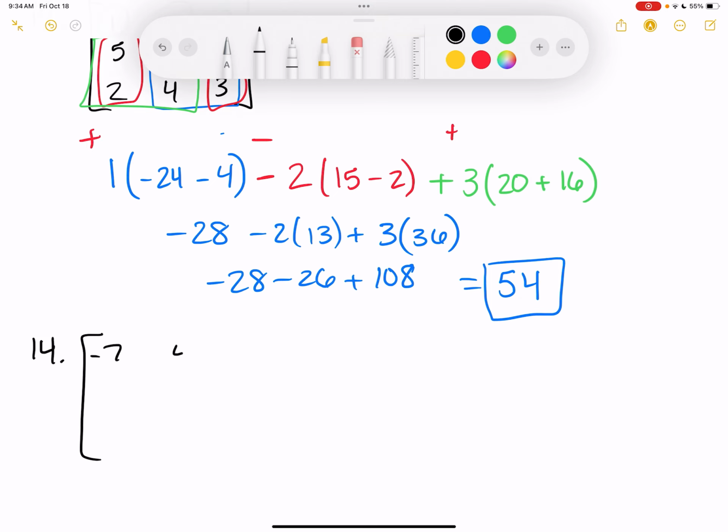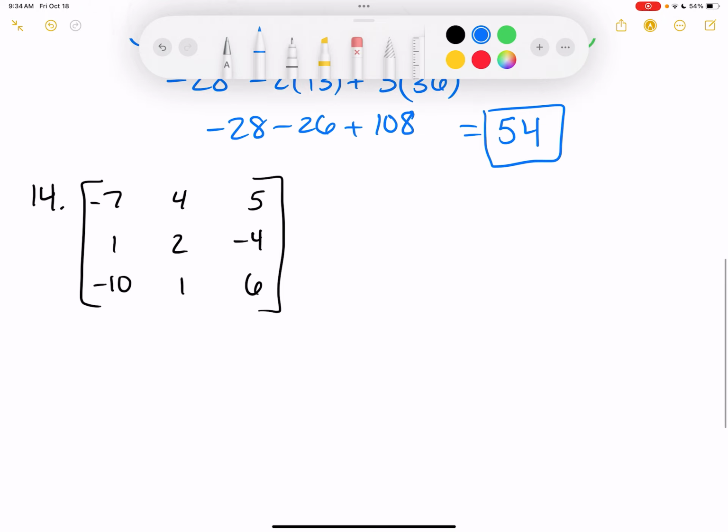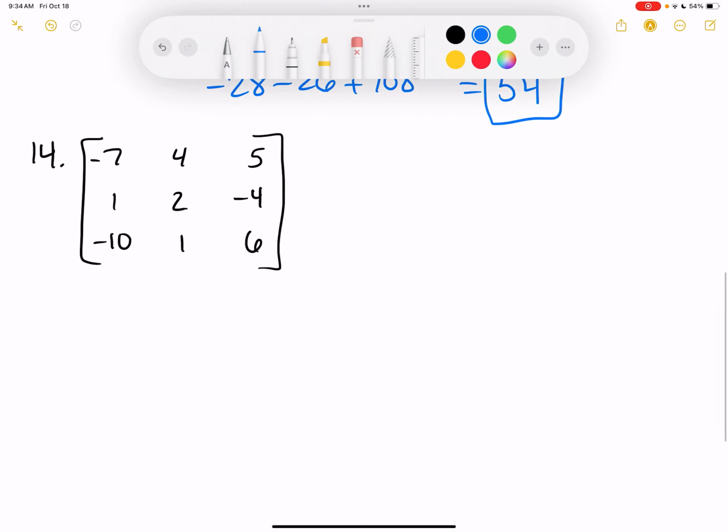Negative 7, 4, 5, 1, 2, negative 4, negative 10, 1, 6. All right, let's see if y'all can tell me how to set this one up.